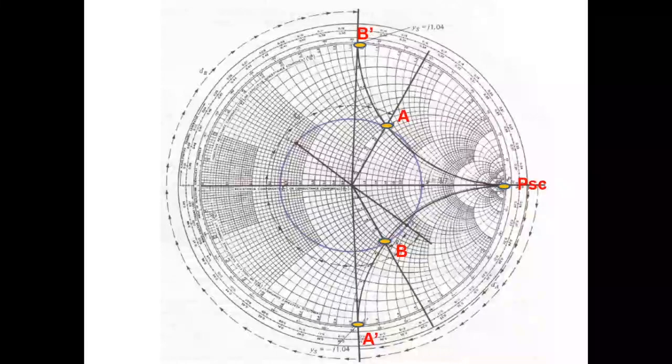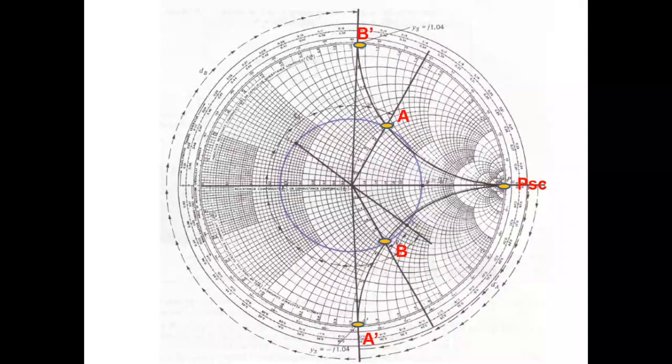So after calculating the distance of the stub from the load, that is L stub, the next value to calculate is the length of the stub, given by D stub. So first you calculated L stub, don't get confused.